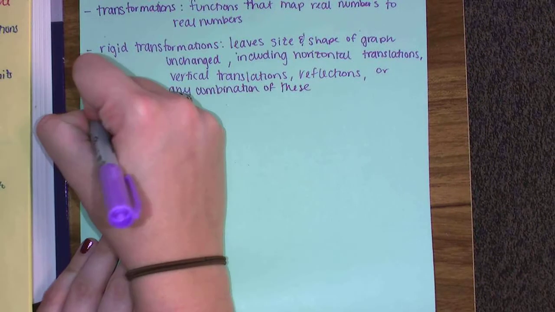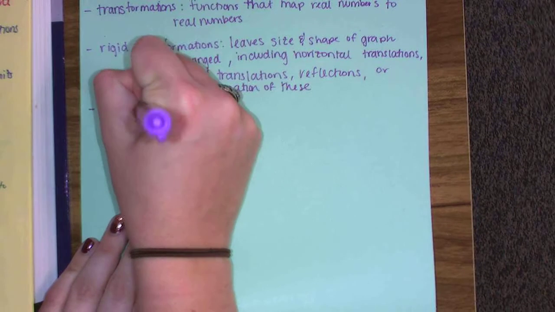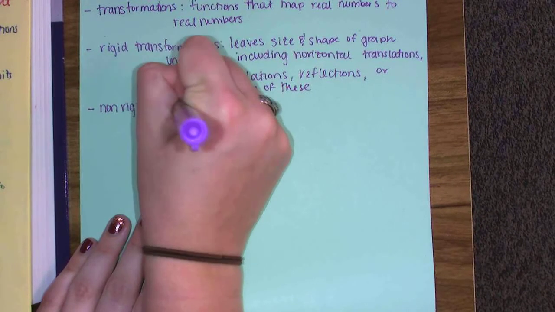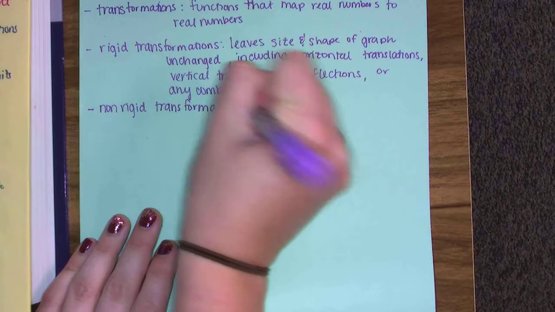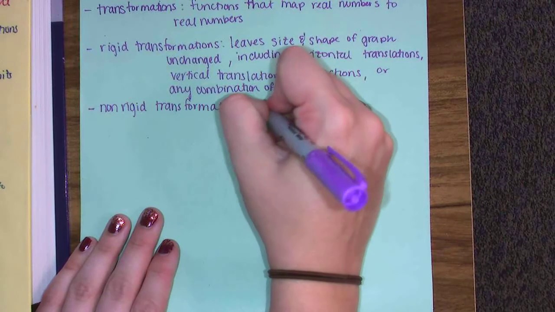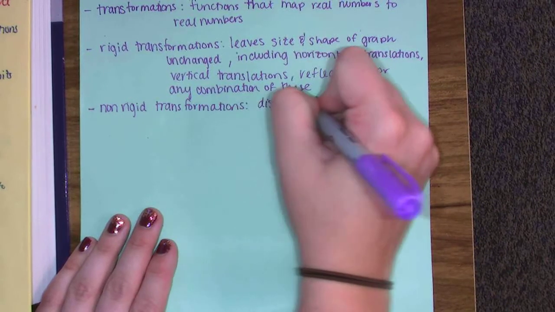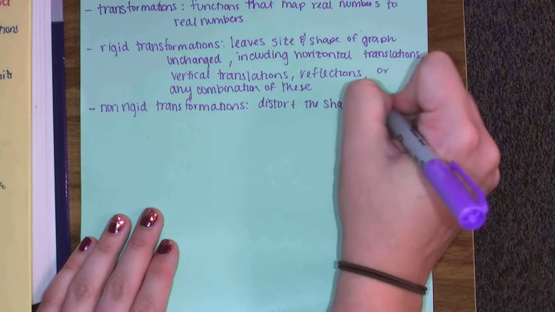We have non-rigid transformations. These distort the shape of the graph.